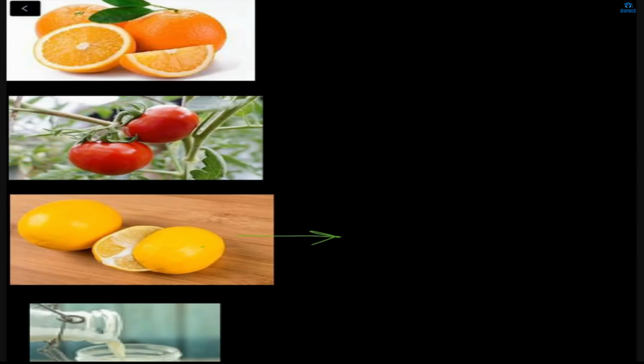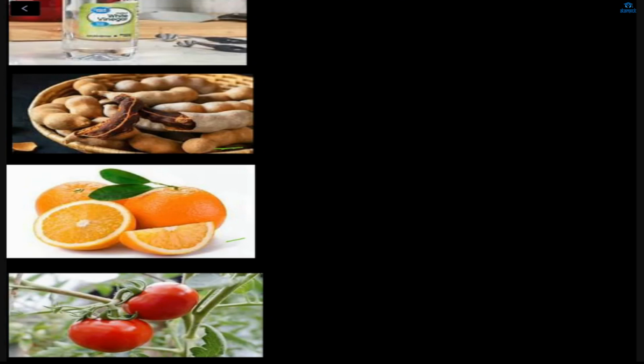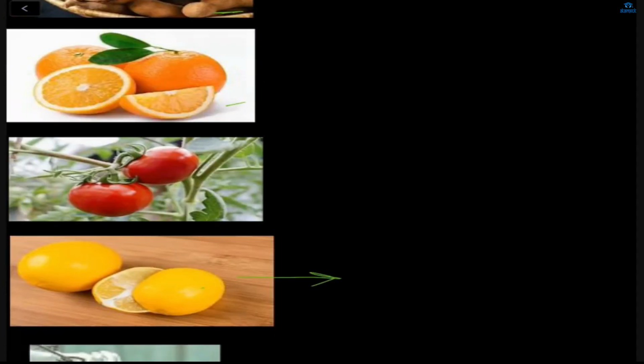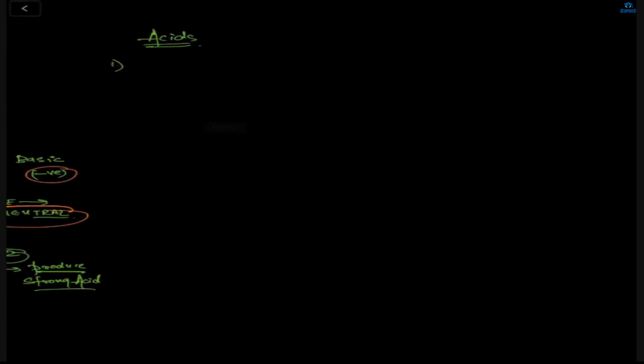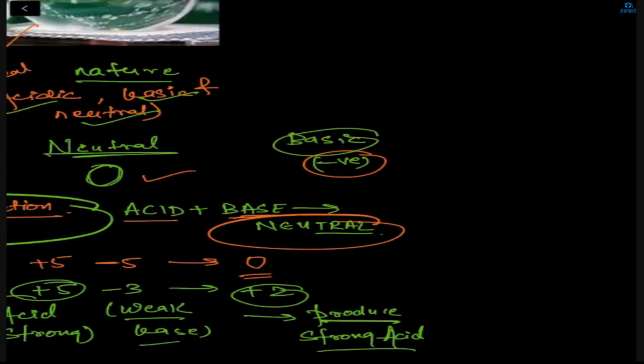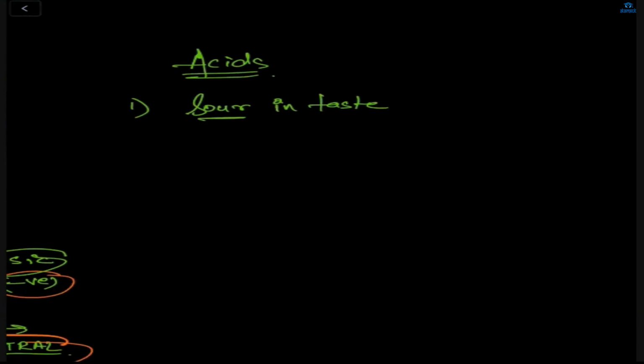You forgot the taste of a lemon or orange or imli? It's sweet kind of. It's not sweet. It's sour taste. Oh yeah, sour. I thought you were saying salt. No, sour in taste. And what's the taste of basic?